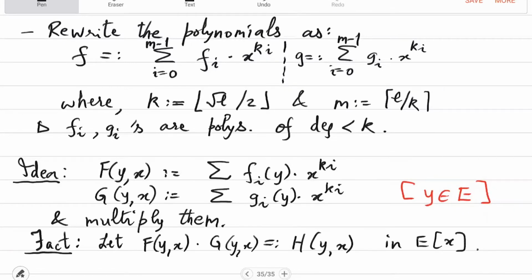So from big H, can you recover small h, the actual product Fx times Gx? How do you recover small h from big H? Yes. So why does it work?